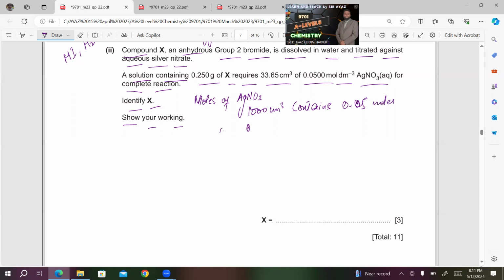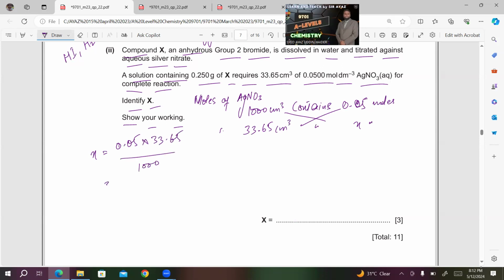Therefore, 33.65 cm3 contains X moles. Do the cross, what you'll get? X is equal to 0.05 multiplied by 33.65 divided by 1000.